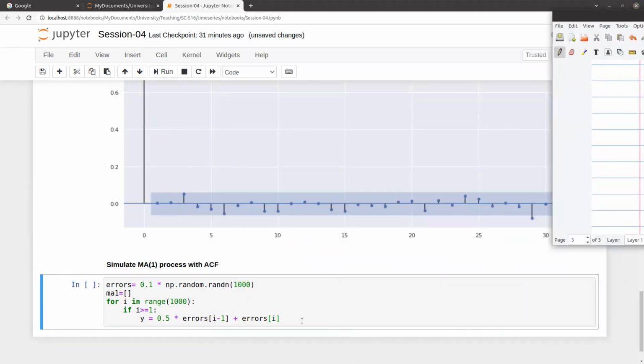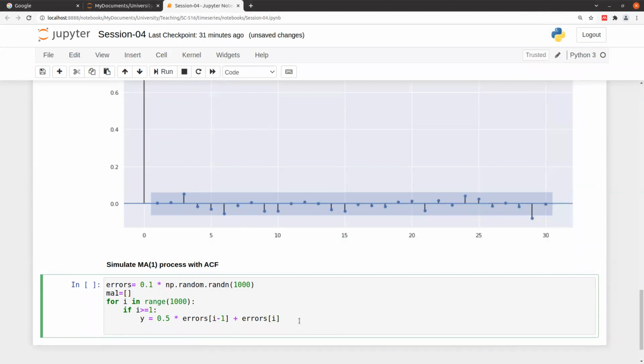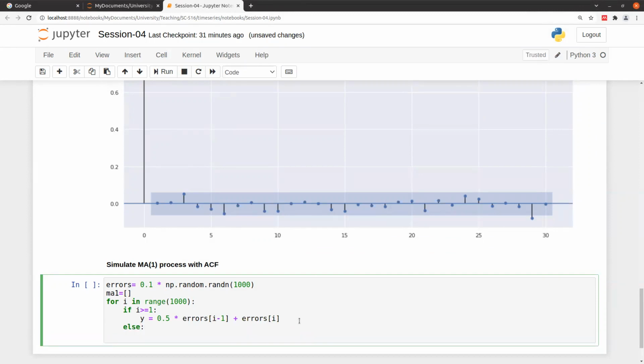Okay, then what we are going to do is, else, in the sense i equals 0. At that time there are no previous values. Then we have to set only the current noise, not the previous noise. Then y equals this part only.